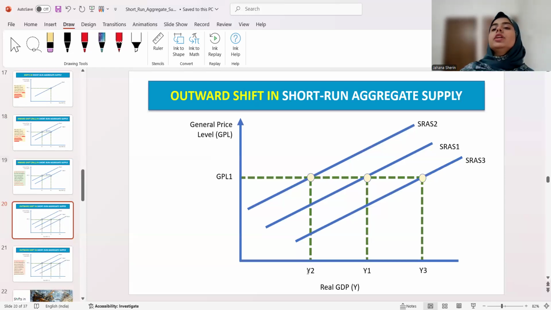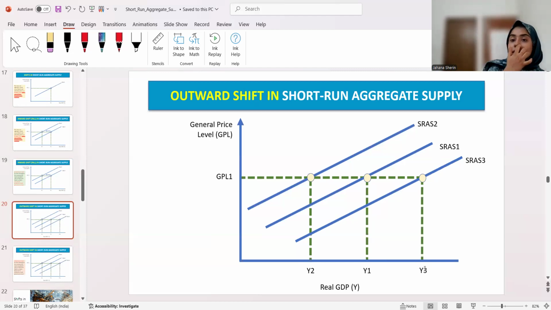Then the outward shift in short-run aggregate supply. SRAS1 shifts to SRAS3. Look at here, what happens to the output, to the real GDP? Real GDP Y1 shifted to Y3.